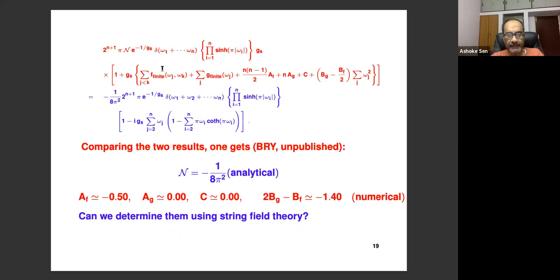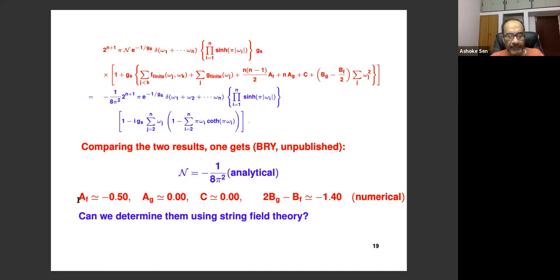So here I have again written the same identity. And then BRY just compared these two sides. This is still not a published result, but by comparing this, we can see the leading term, of course, can be compared analytically. The leading term comparison gives you n equal to minus 1 over 8 pi square.